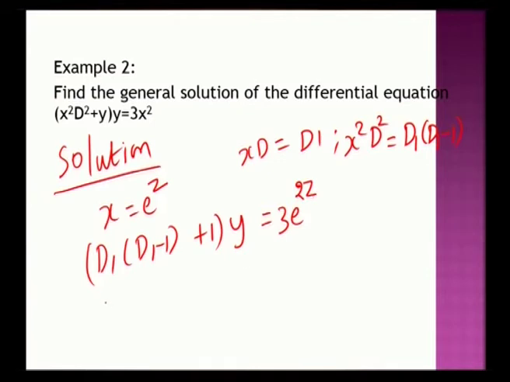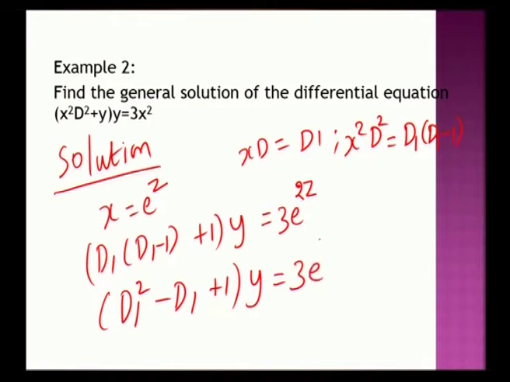Now, simplify this, we will get D1 square minus D1 plus 1 into y is equal to 3 e power 2z. This is how that equation will reduce to the form of linear differential equations with constant coefficient.